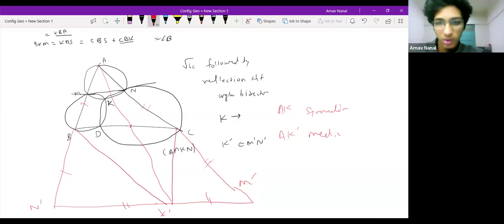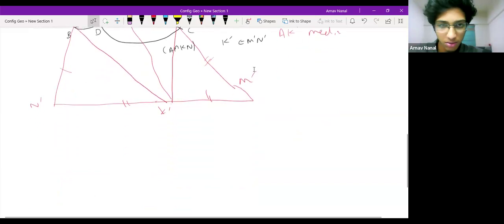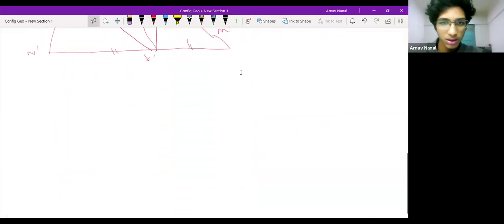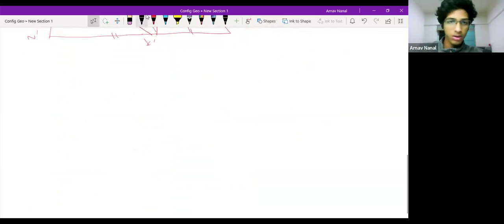Okay, so let's move on. Was this inversion thing clear to everyone? Yeah. Nice. So let's move on to the second point that we'll be looking at. The second one is the Humpty point.